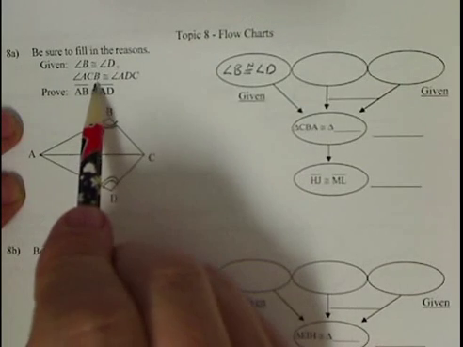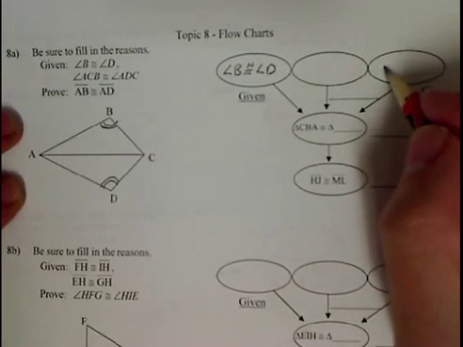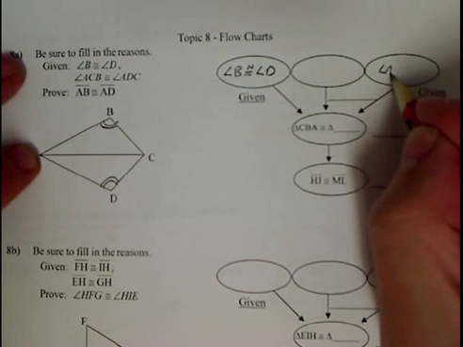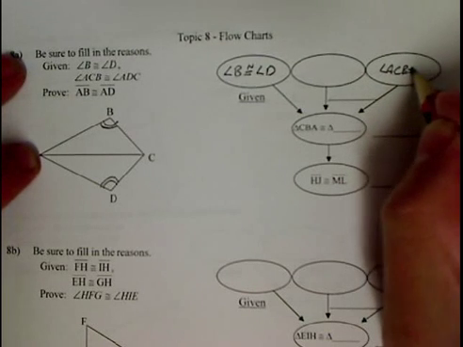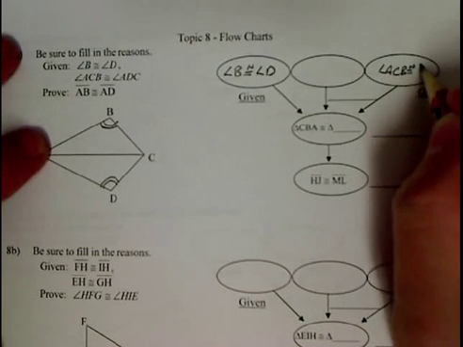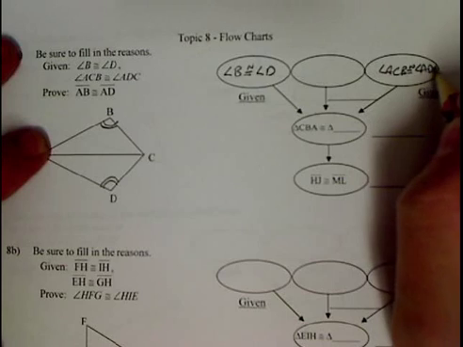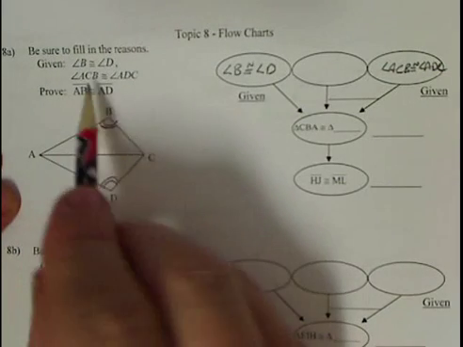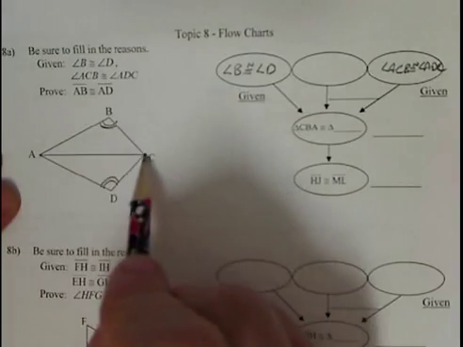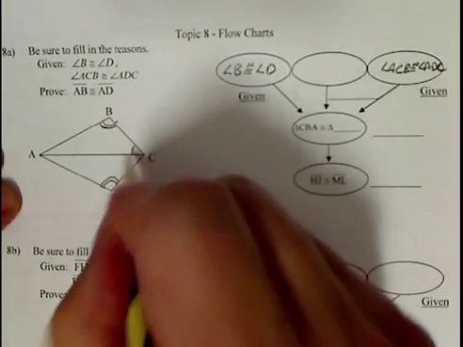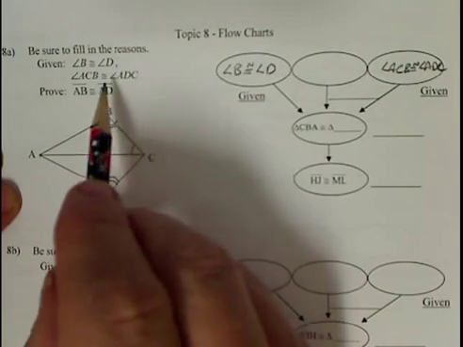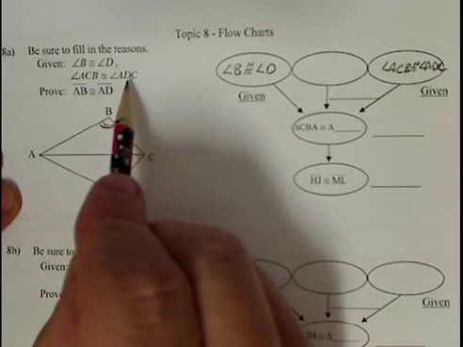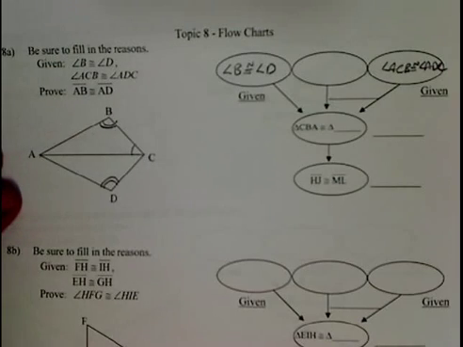Angle ACB, so I'll put it over here. ACB is congruent to ADC. So I filled that in. So ACB, that's this angle, is congruent to, I think this might have an error.